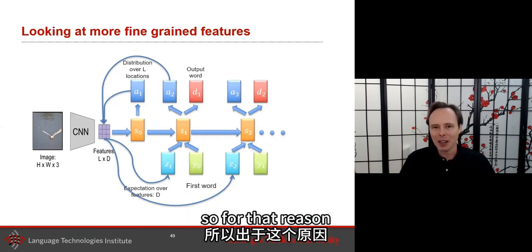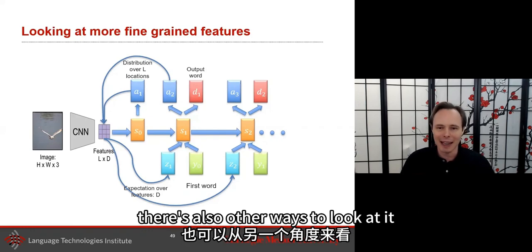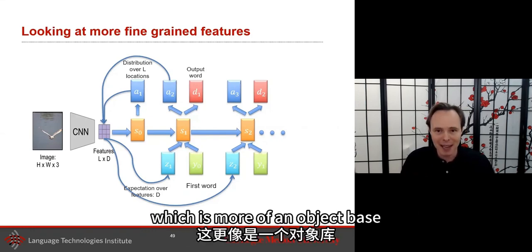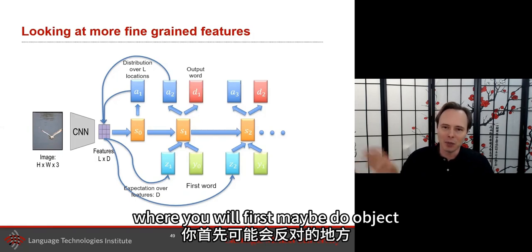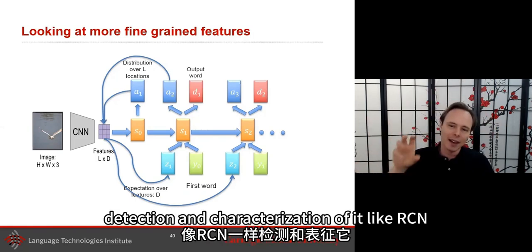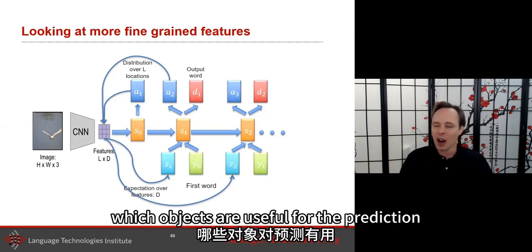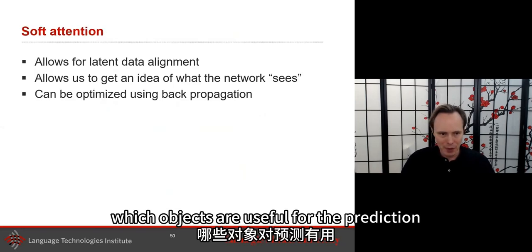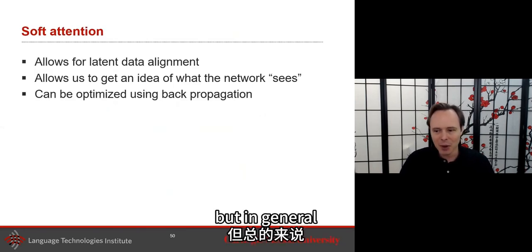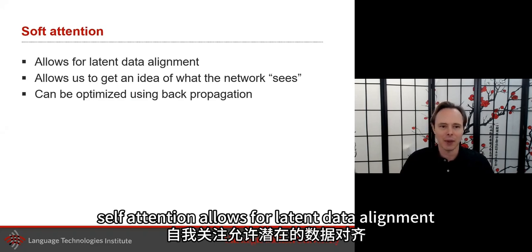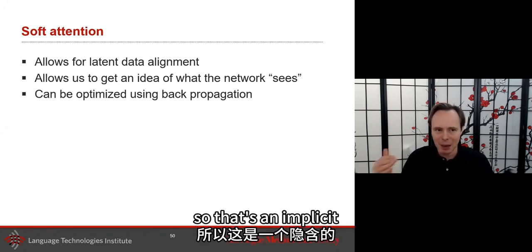So for that reason, there are also other ways to look at it, which is more object-based, where you will first maybe do object detection and characterization of it, like RCNN, and then you could do attention on top of that, which objects are useful for the prediction. But in general, self-attention allows for latent data alignment, so that's implicit.